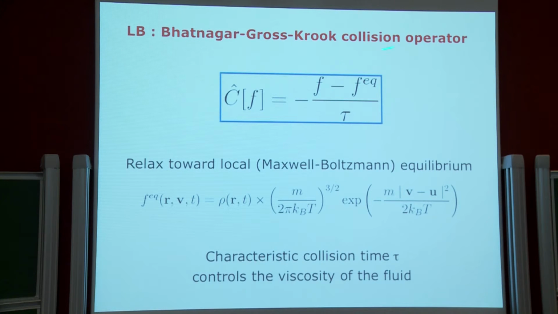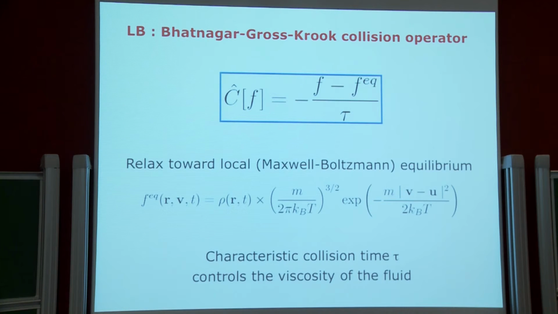And the idea is simply to have a linear term, so linear in the sense that it's proportional to the difference between f and the equilibrium f. And there is here the inverse of a characteristic collision time tau. And as you will see later on, this characteristic time tau is related to the viscosity of your fluid.